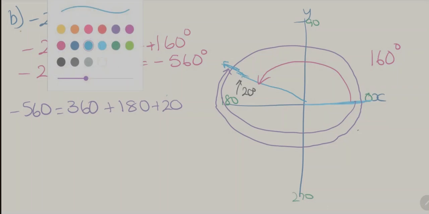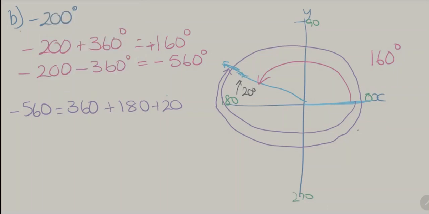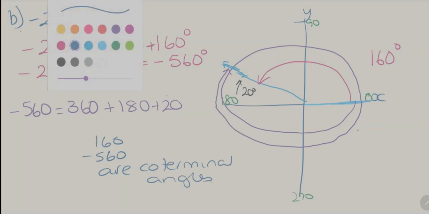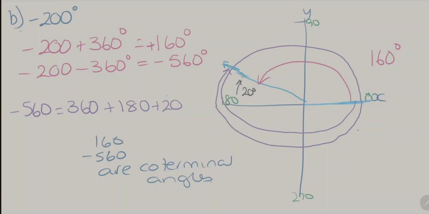So we can say that 160 and minus 560 are coterminal angles. And if we just check minus 200, which is the original angle, let's do that in green.